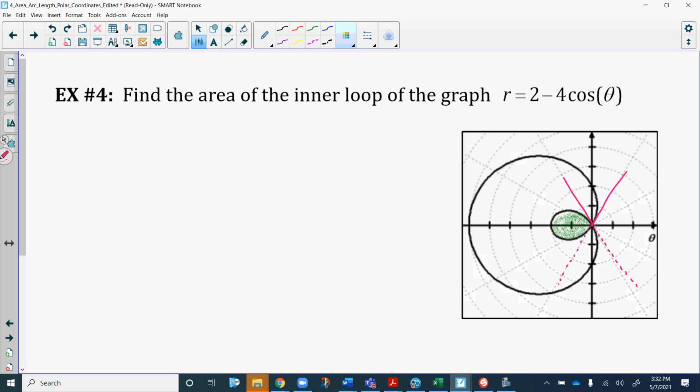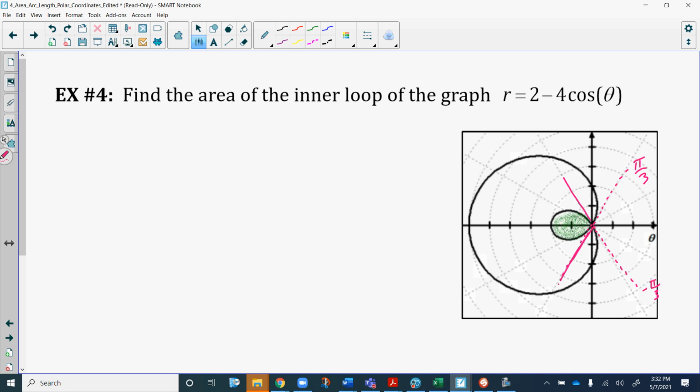Oh, I did that backwards, didn't I? So these are the two angles we're working with, but because cosine only gives us numbers in quadrant 1 or quadrant 4 of the unit circle, this looks like it's at pi over 3, and this one could be at negative pi over 3 if we go clockwise instead of counterclockwise.